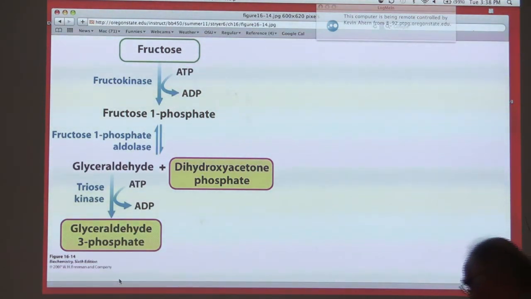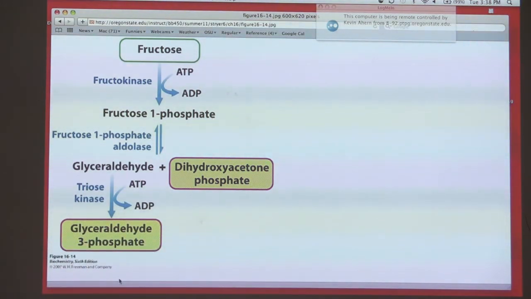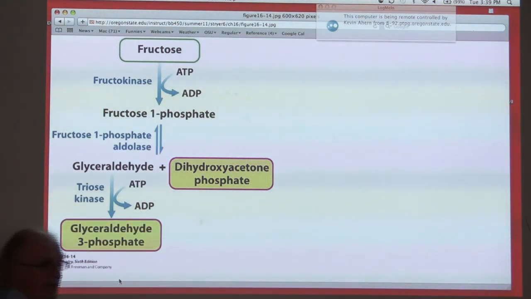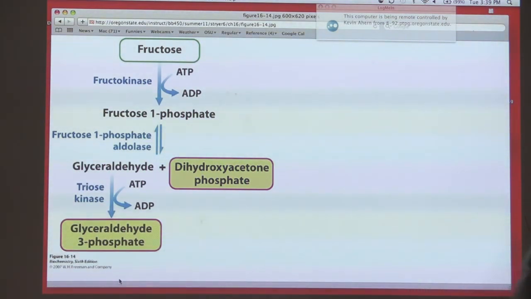Well, the problem with too much pyruvate is you're sitting around, you're not exercising, you've got too much ATP. You have plenty of oxygen because you're not exercising. Under these conditions, you convert pyruvate to acetyl-CoA, as you guys have already seen. Now you've got a ton of acetyl-CoA. What do we do with excess acetyl-CoA?